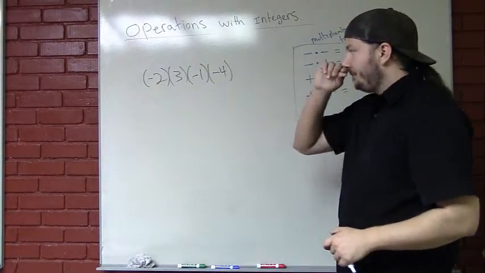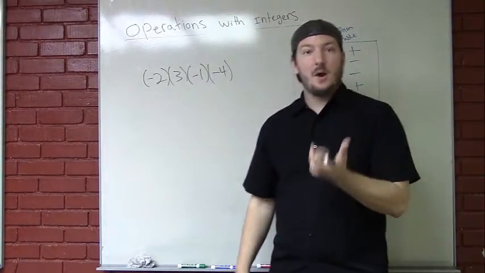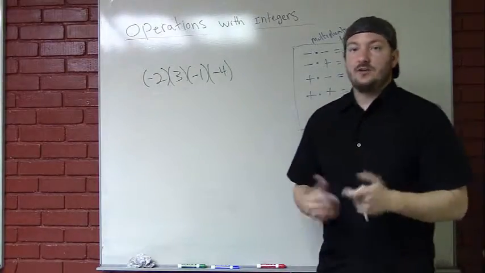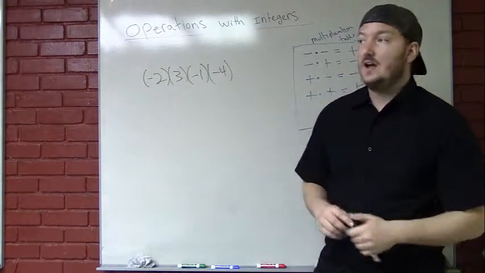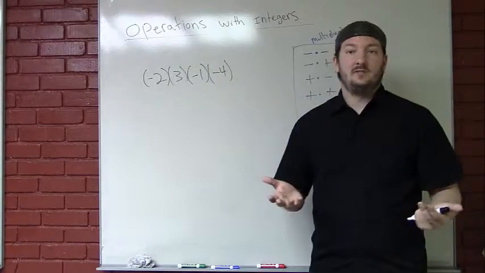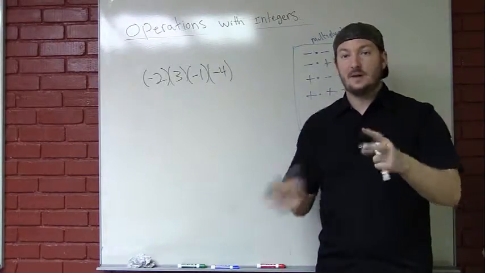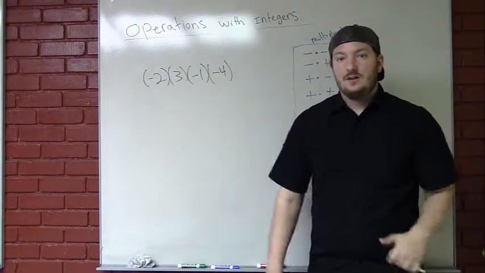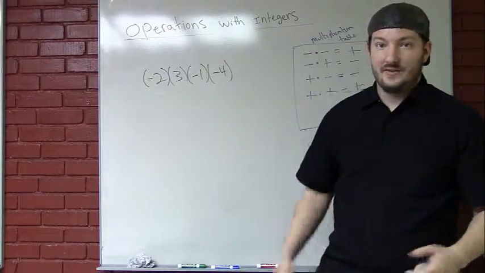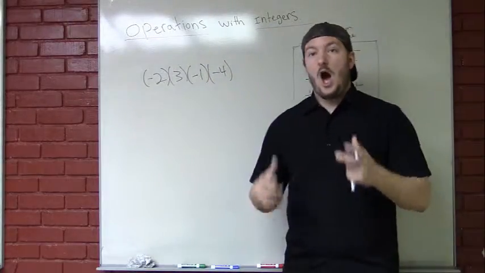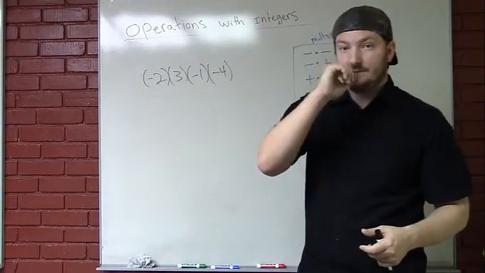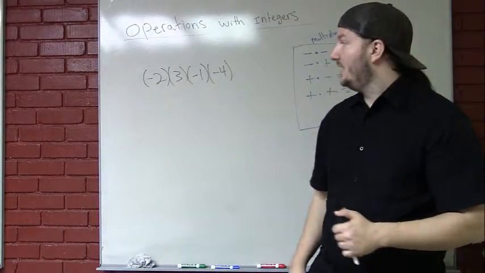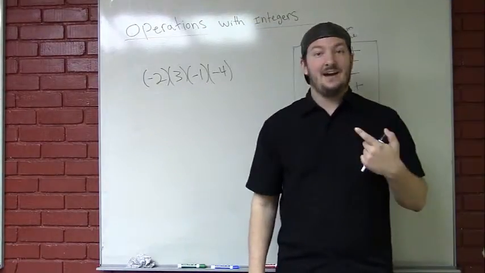Well, if there's an even number of negatives, like 2, 4, 6, 8, then the answer is going to be positive, because 2 negatives make a positive, so they're just all going to make everything positive. If there's an odd number of negatives, then the answer is going to be a negative number.